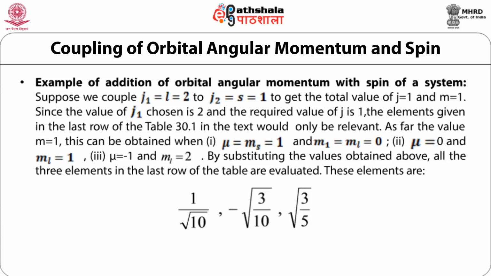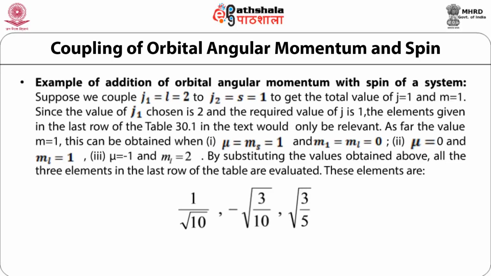Example of addition of orbital angular momentum with spin of a system. Now let us see how we can use the Clebsch-Gordan coefficients to find out the coupling between the orbital angular momentum and the spin angular momentum of a system, and this we shall do by taking some examples.